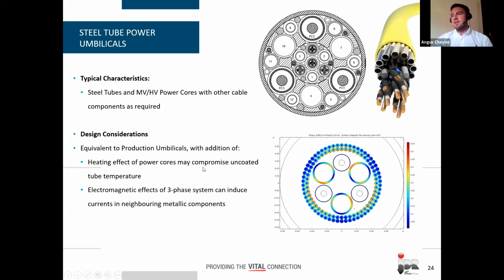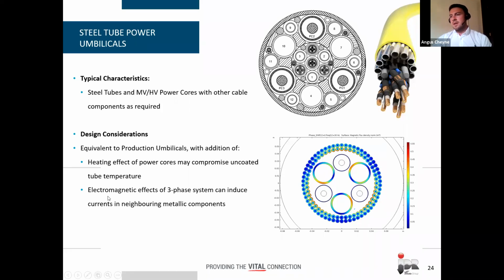The heating effect of the power cores may compromise the performance limit of steel tubes. As I mentioned earlier, they're suitable for up to 50 degrees Celsius, and above that, you may need to introduce coating. So the thermal analysis is very important for hybrid steel tube umbilicals.